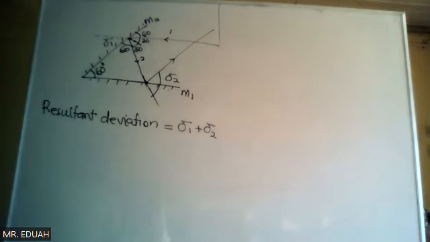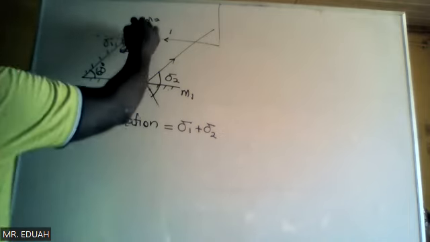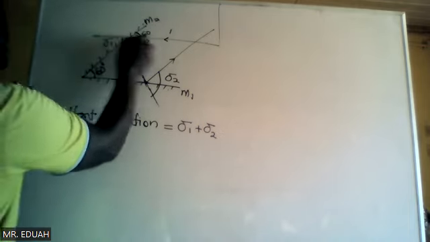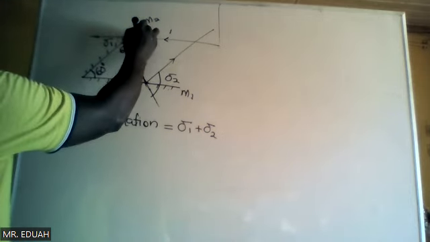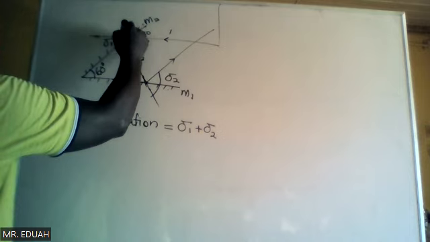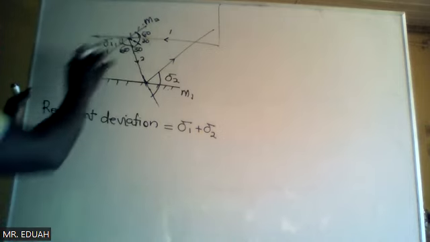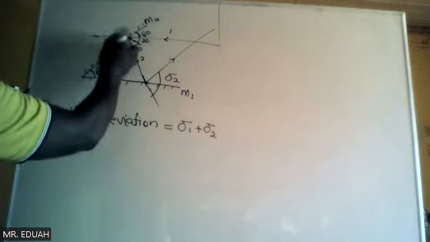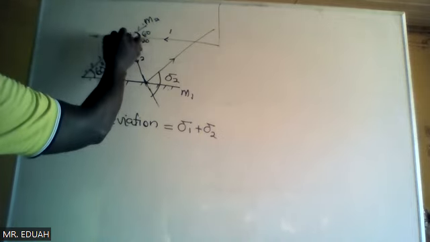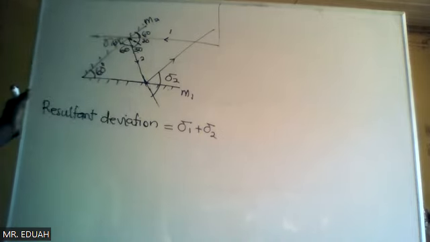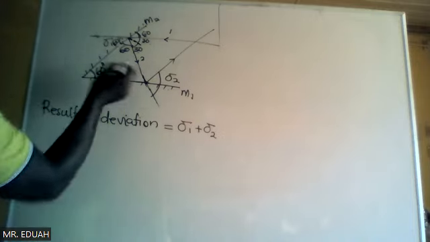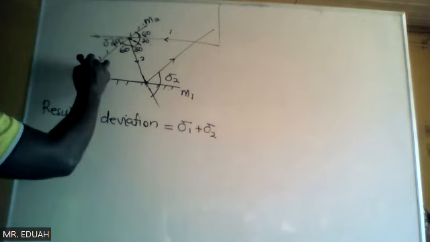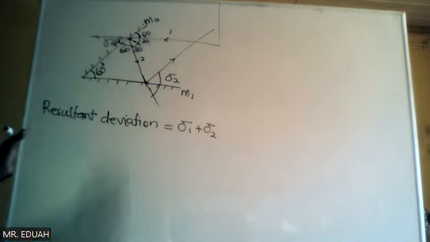Okay. Now, if this is 60, and when I extend the ray 1 line, we have this angle being equal to this angle. Or, I think vertically opposite will do. So this is also 60. If this is 60, or we can also take it from this direction. If this is 60, this will also be 60.